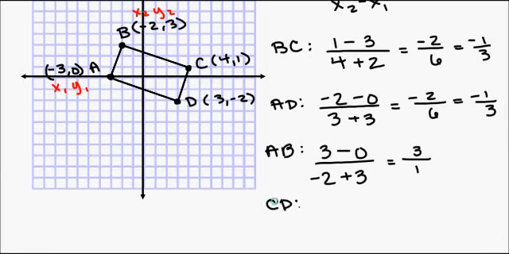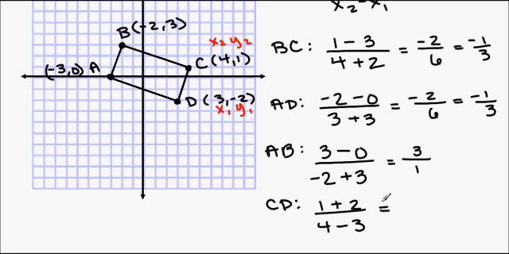Last up, CD. y2 is 1 minus y1 is -2, so plus 2, over 4 minus 3. This gives me 3 on top. 4 minus 3 is 1. Good, so these are the same. We definitely have a parallelogram because the opposite sides both have the same slope.